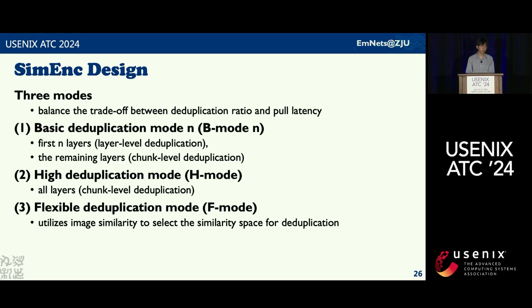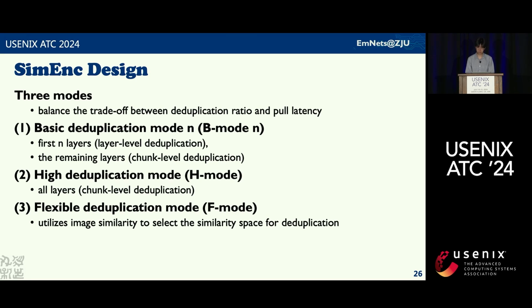So we have three modes to balance the trade-off between duplication ratio and pull latency. The first mode is the basic deduplication mode. It performs layer-level encrypted deduplication on the first n layers using the basic MLE, and the remaining layers undergo chunk-level deduplication using our semantic-aware MLE after partial decoding.